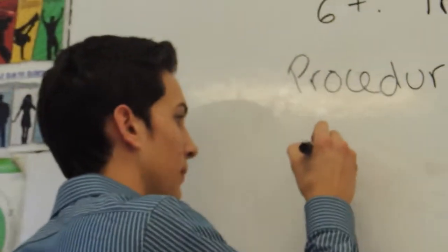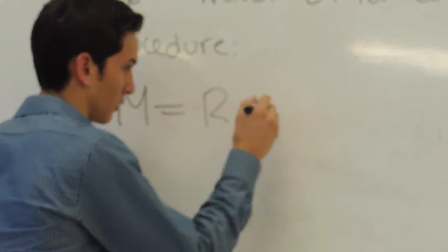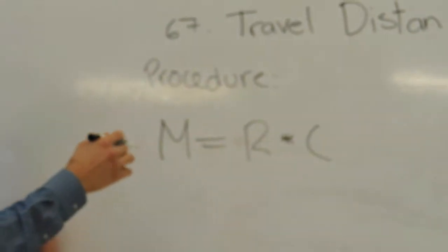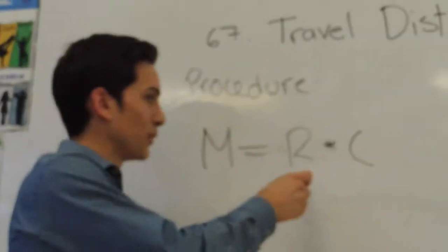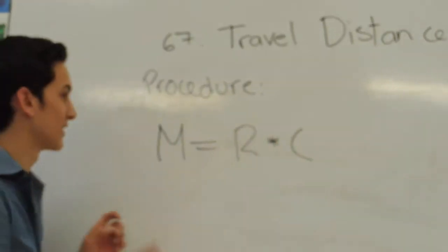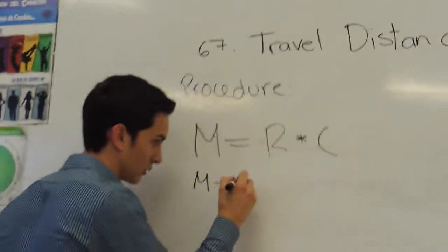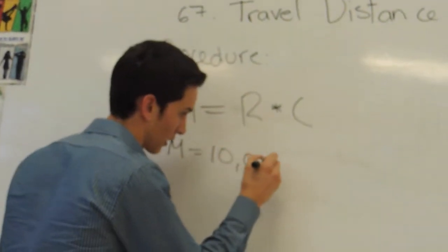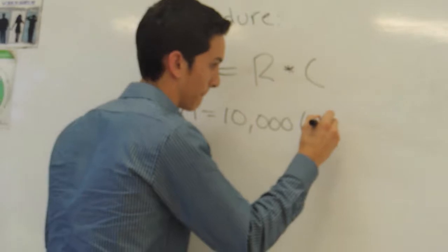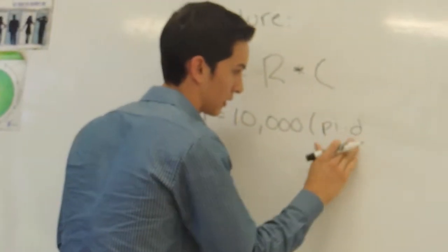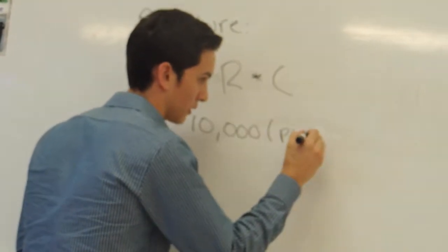We searched for a formula on the internet and we found this one. That means miles is equal to revolutions times circumference. So this is our formula.